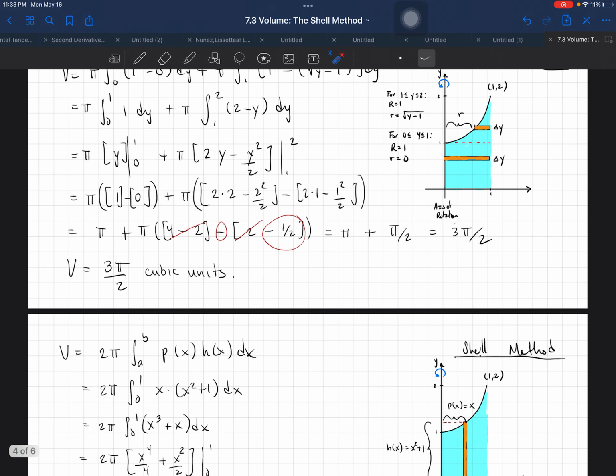Now let's plug in 1 minus 0, times pi. Don't forget the parentheses, so we can distribute that pi. Followed by the plus, and then we're going to plug in 2 and 2. So 2 times 2 minus 2 squared over 2, close the bracket, minus, open the bracket, and now try it again with the 1.